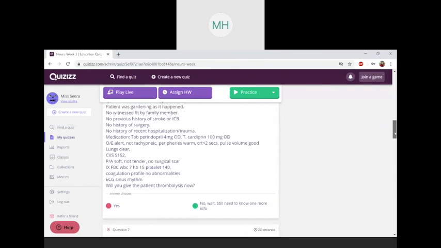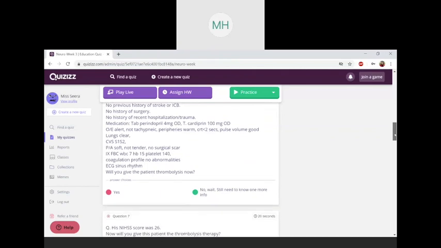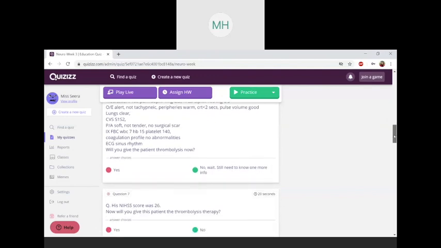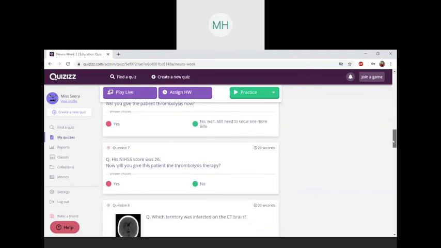There was no witnessed fit, and no prior history of stroke or intracranial bleed. There was no history of surgery, recent hospitalization or trauma. His medication has statins, and his examination and blood investigations were unremarkable. In this history part, they did not state the NIHSS score yet, so the answer is still no.